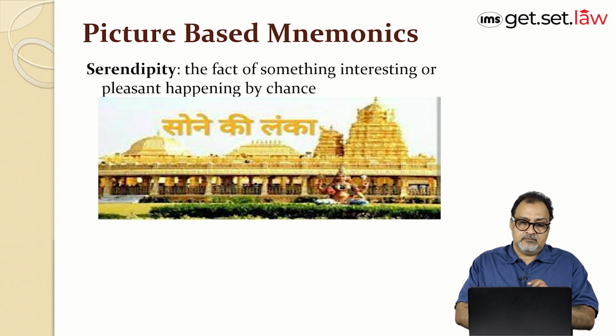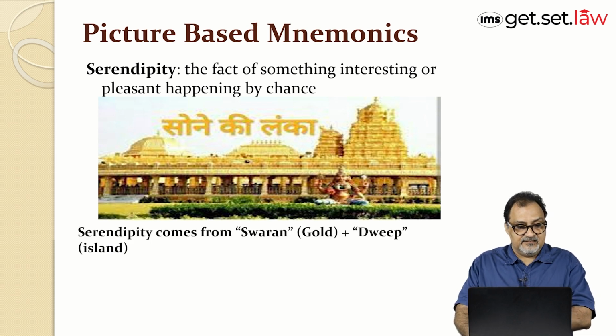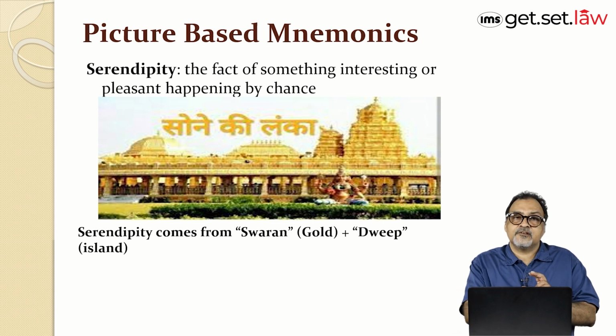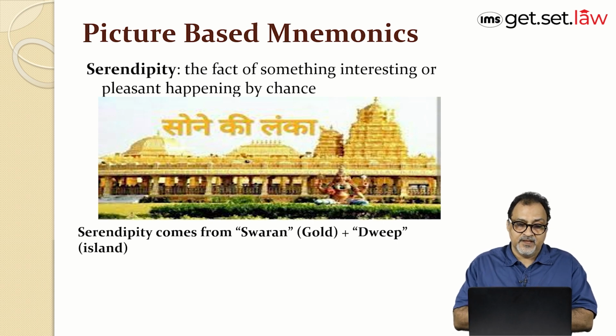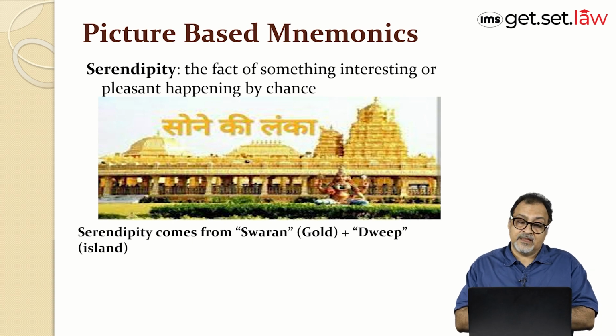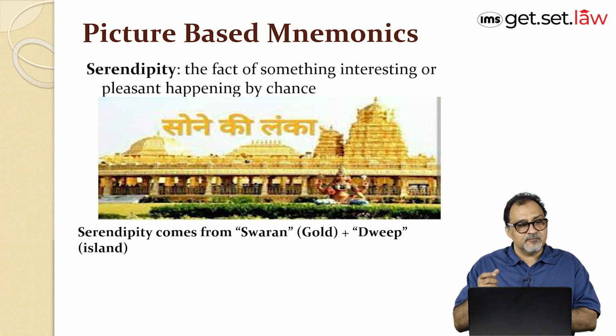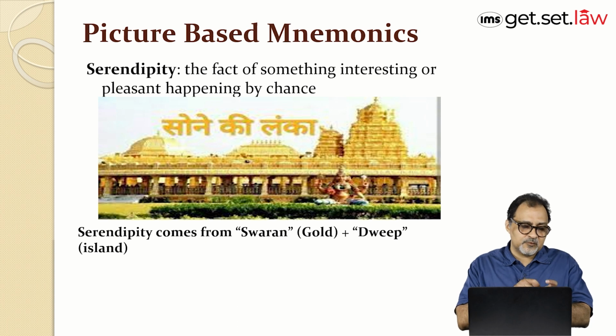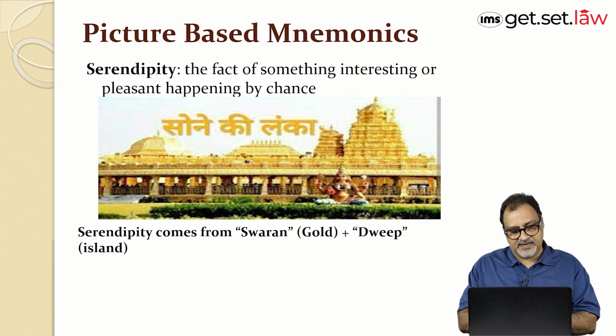So, presumably, the serendipity is based on that Sone ki Lanka. Seren is a modification of Swaran. Dip is a modification of Dweep. So, Swaran, gold, Dweep, island.